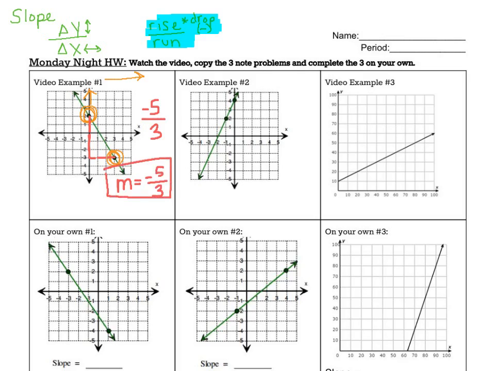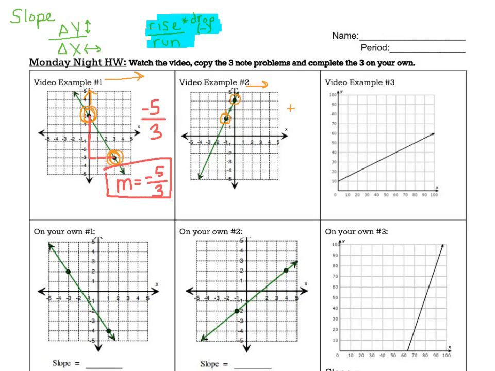Let's go ahead and do another example. Example 2. Again, we're going to move from left to right. So here's our first dot. Here's our second. This one we are going to go up, so we know that our first number is positive.